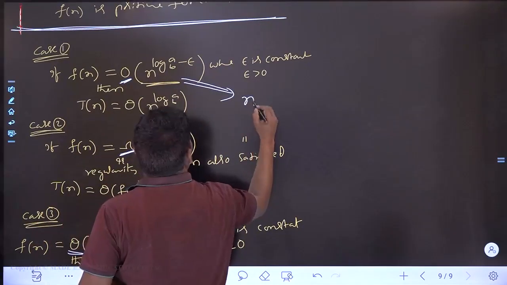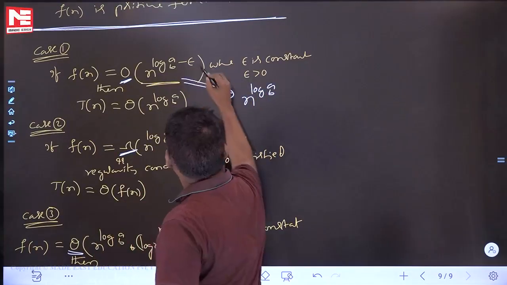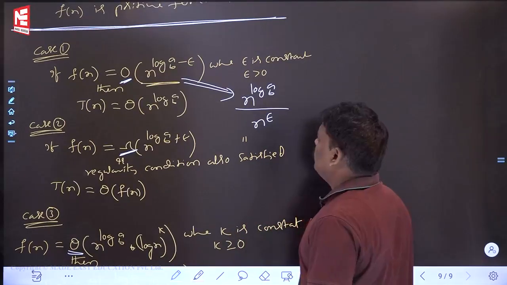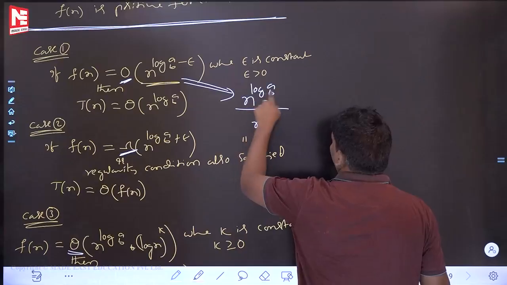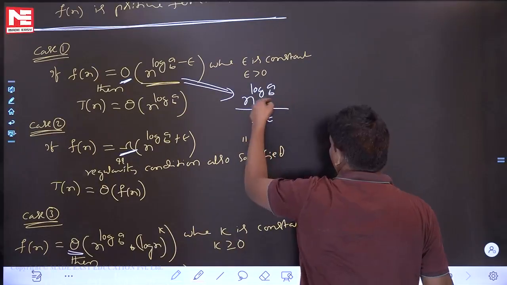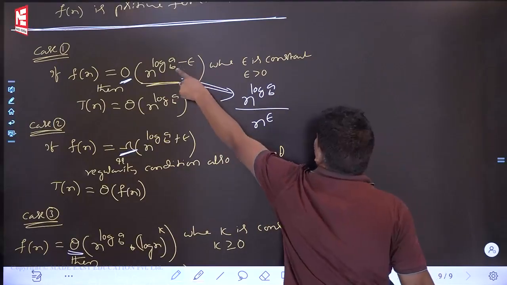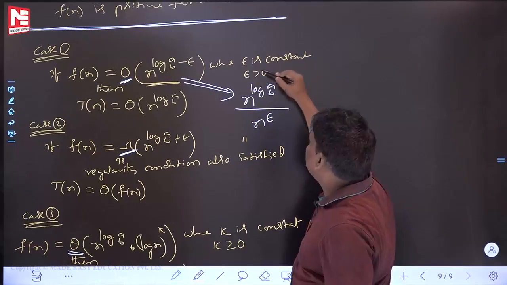See this one, n power log a base b minus epsilon, which is nothing but n power epsilon. F of n is equal to big O of n power log a base b minus epsilon. Minus epsilon in the power is nothing but, n power a minus b means n power a by n power b. So this is nothing but n power log a base b by n power epsilon, where epsilon is a constant greater than 0.